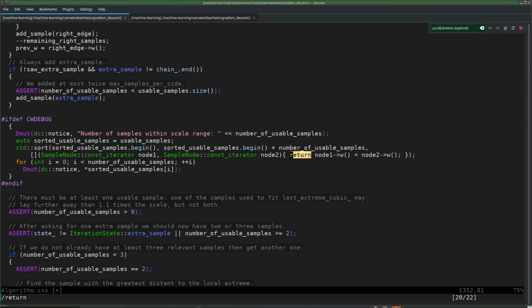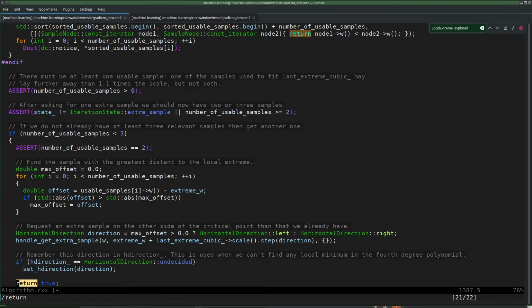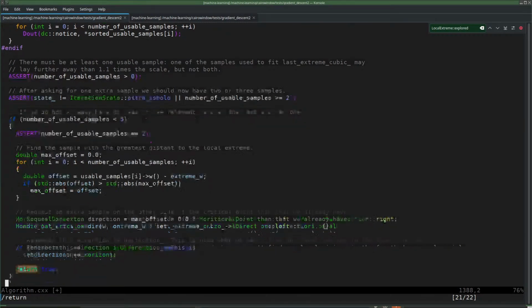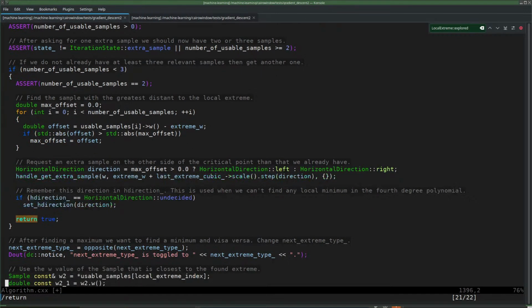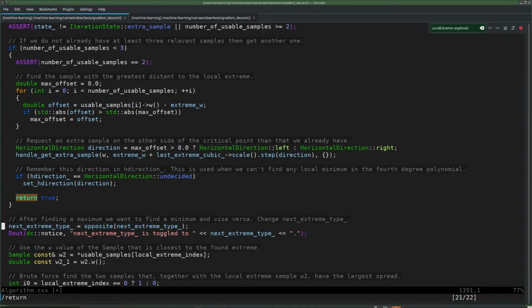No, there's a comment. Lambda return true. That's asking for the new sample, so I think we should already know. We didn't do this yet. Asking for a new sample without changing the extreme type.